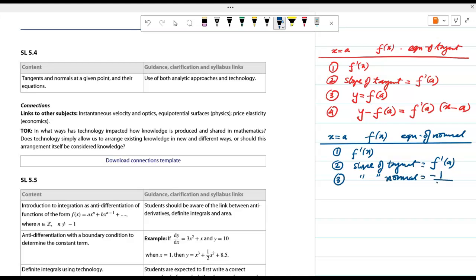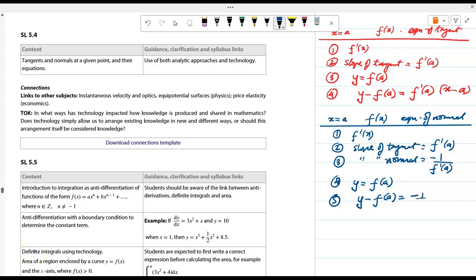Find y, which is f of a, by putting the value of x in. Then the equation is y minus y1 equals m, where m is the slope of the normal.